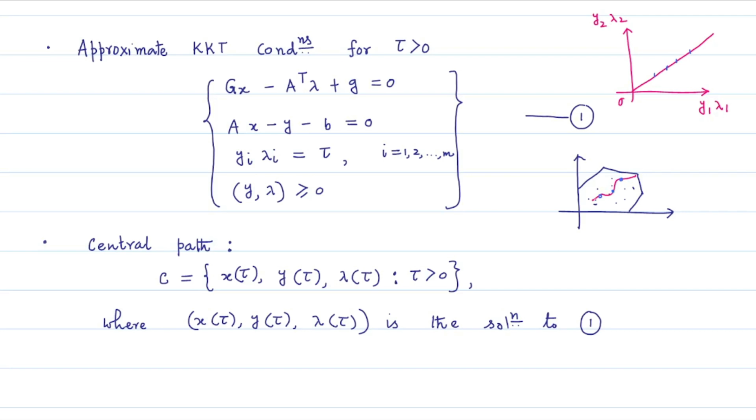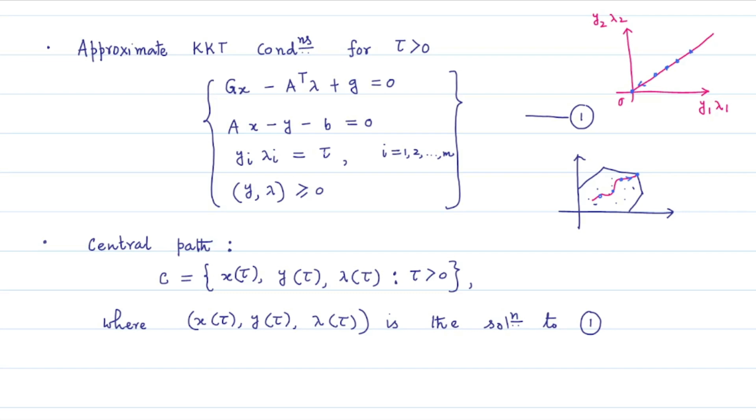When these y lambda values approach 0, the points on this path approach this particular point, which corresponds to this point in the y lambda space. And this point is nothing but the point for tau equal to 0.